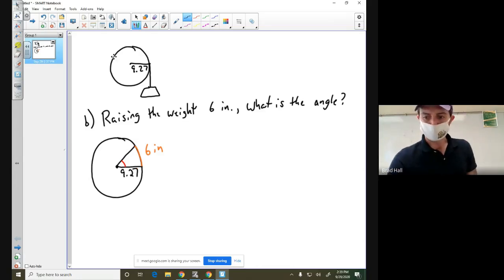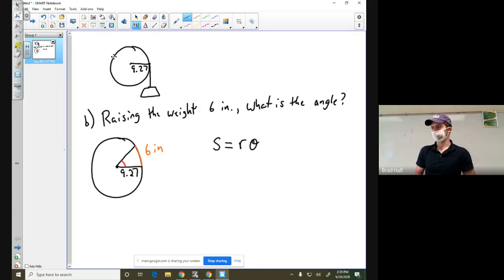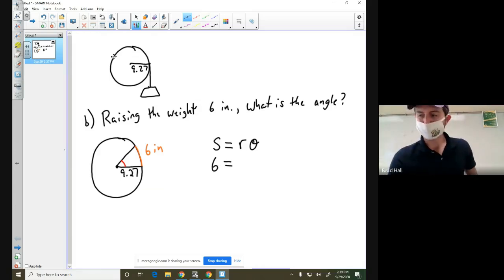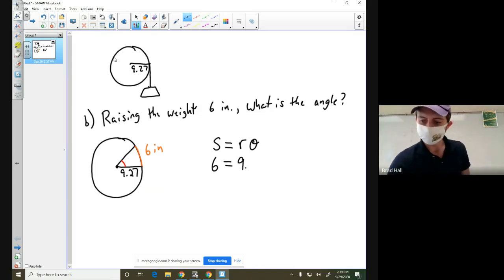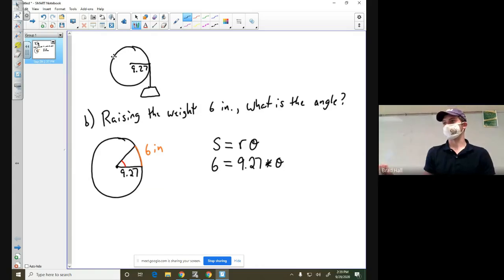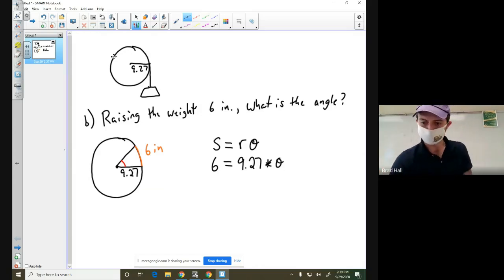So remember, the formula is S is equal to R times theta. We don't have to convert anything right now because we don't know theta. We don't even know theta in order to convert it in the first place. So they actually gave us the arc length is 6. We know the radius is 9.27. And now we don't know theta. That's what we have to figure out. And so the algebra here is really quick.